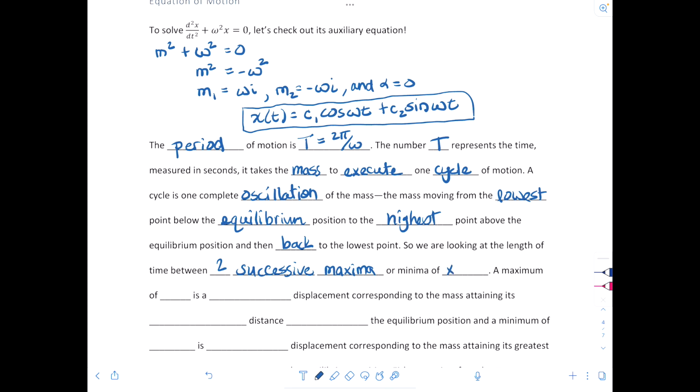of x at t. A maximum of x at t is a positive displacement corresponding to the mass attaining its greatest distance below the equilibrium position.